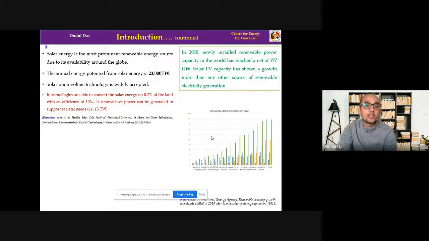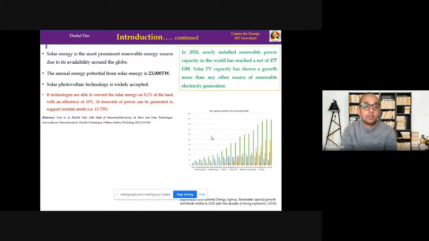So why is solar energy so prominent? Why do researchers, when they talk about renewables, put solar energy as one of the prominent ones? Because solar energy is available all around the globe.